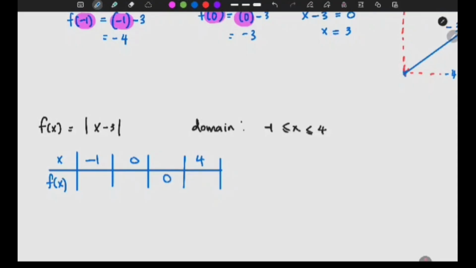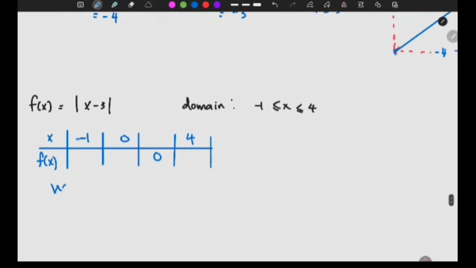So when x is -1, what happens to your f(x)? Remember, don't forget your modulus. Inside the function equation, I put back the same thing. You see, I put the modulus back.